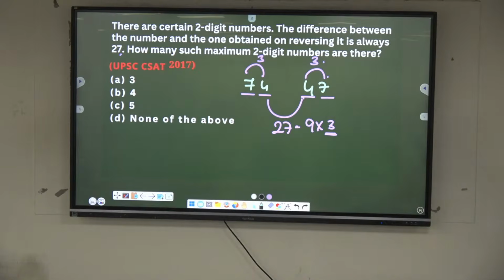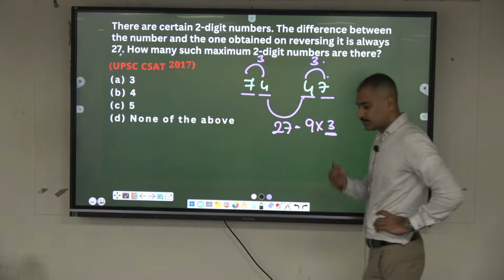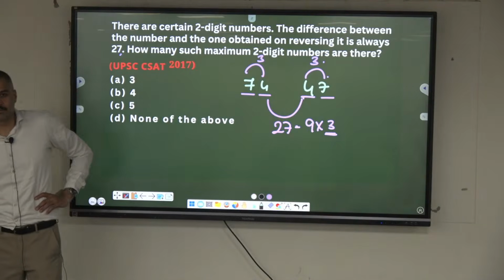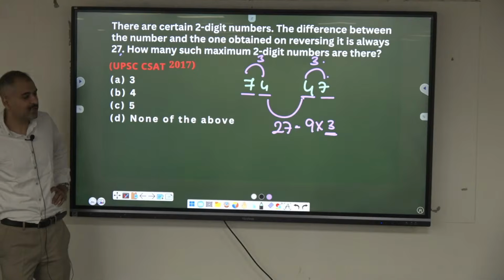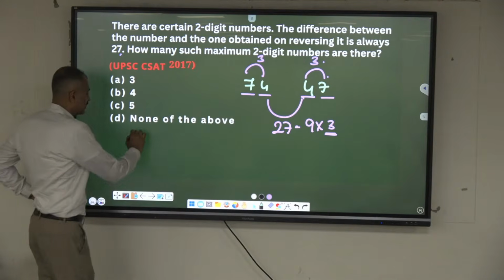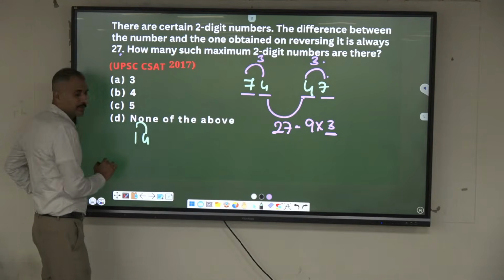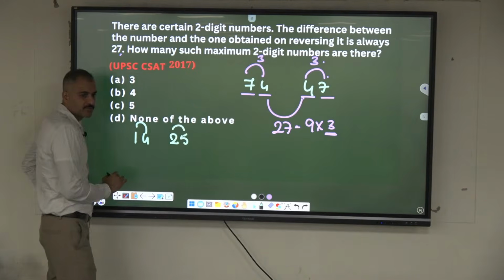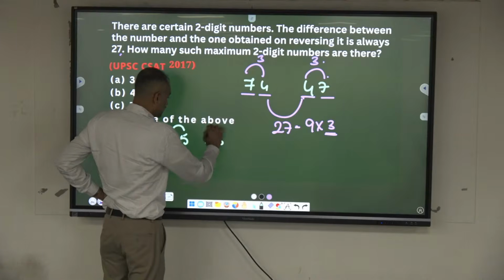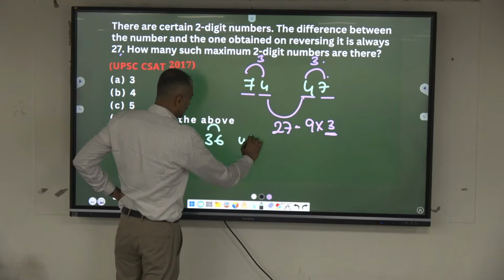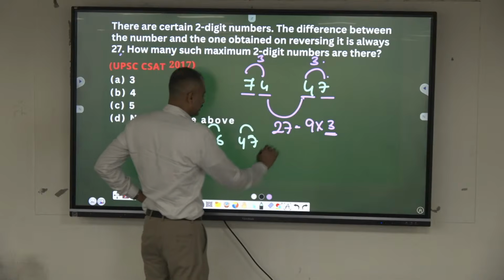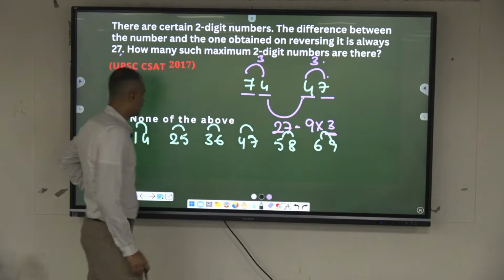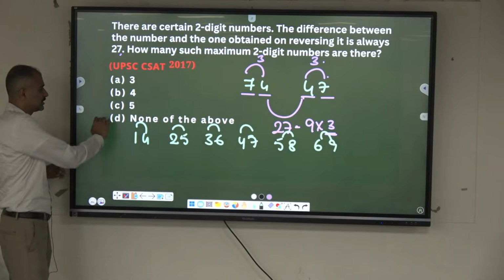Go in a sequence: 1 and 4, then 2 and 5, then 3 and 6, then 4 and 7, then 5 and 8, then 6 and 9, isn't it? That is 1, 2, 3, 4, 5, 6. None of the above.